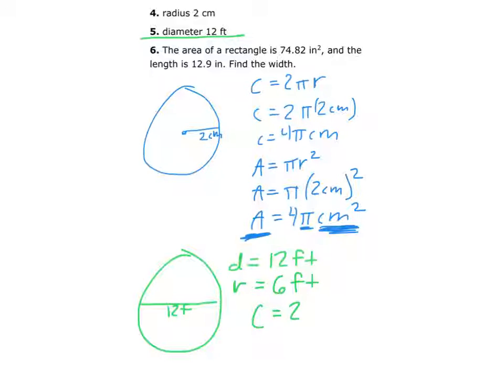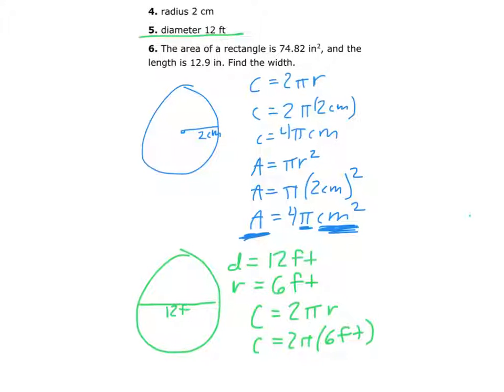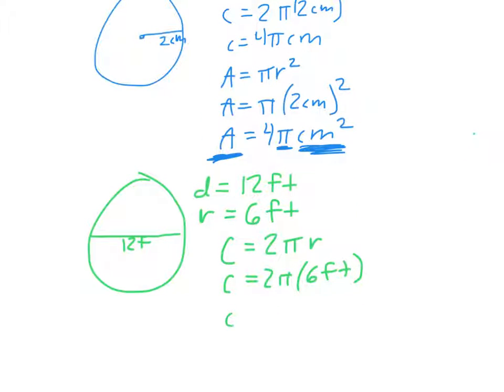The circumference is 2 pi r. So what's r? So 2 pi times 6 feet. So what would our circumference be? 12 pi feet.